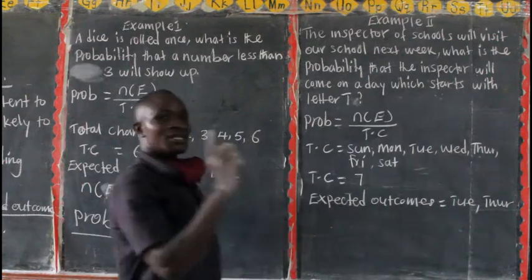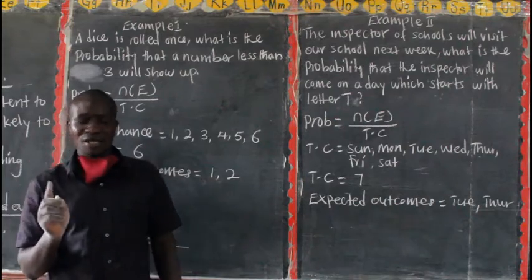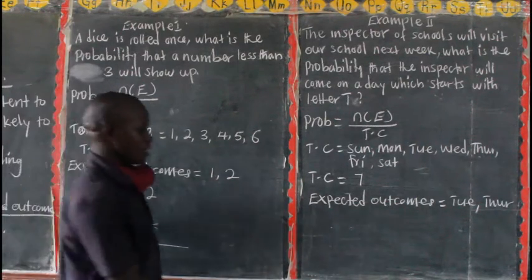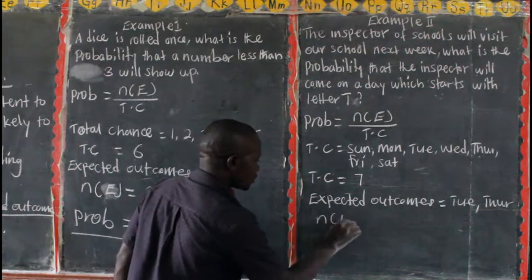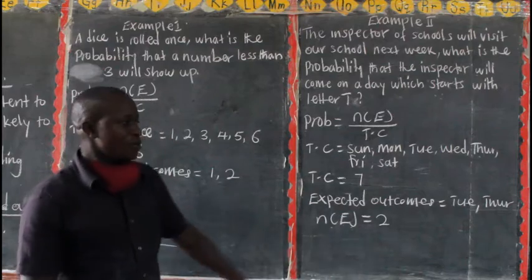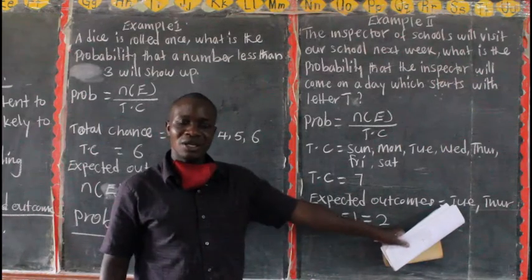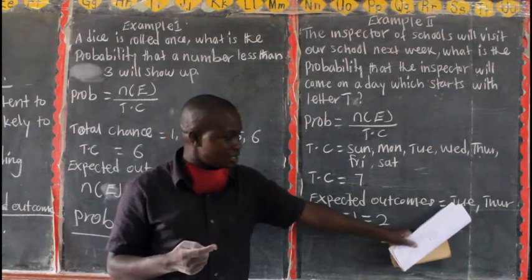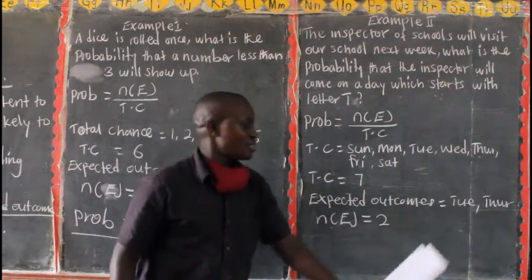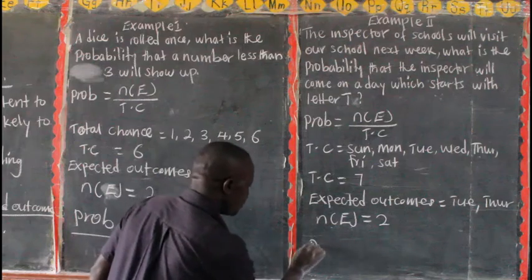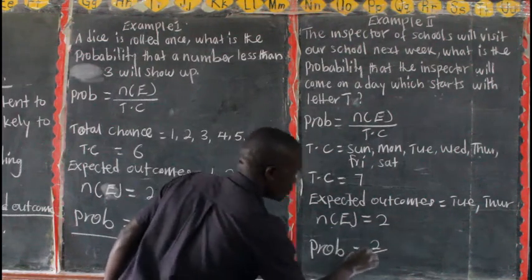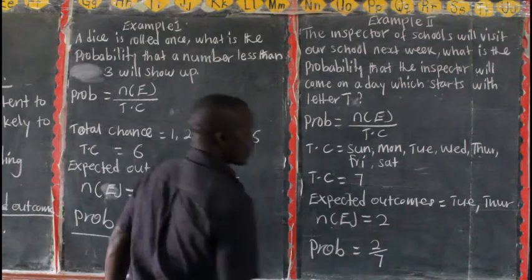Those 2 days start with letter T. So the number of expected outcomes here is 2, because there are 2 days in a week which start with letter T. Then probability is equal to 2 out of the total of 7.